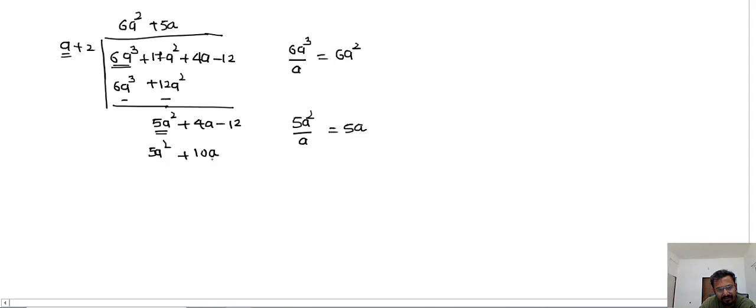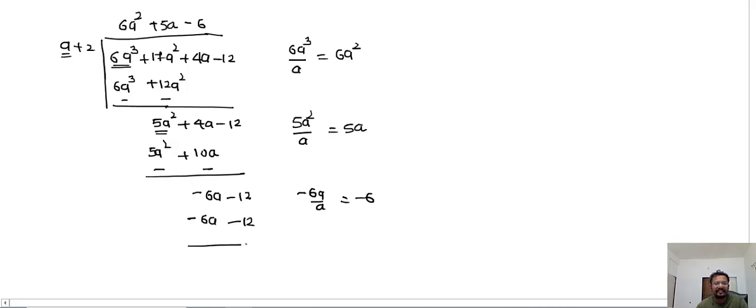Now multiply minus 6 with a and 2, so plus plus, and it becomes 0. So we can write 6a cube plus 17a square plus 4a minus 12 is equal to the product of the divisor and the quotient plus the remainder, so a plus 2.